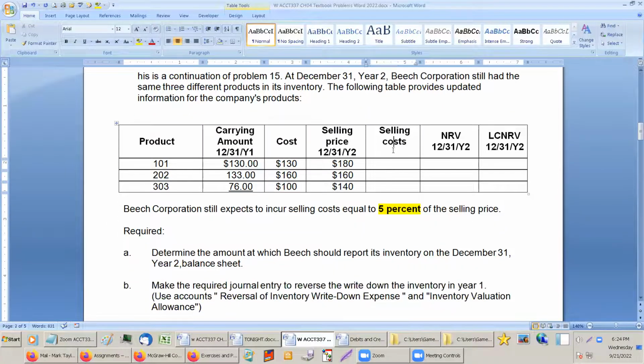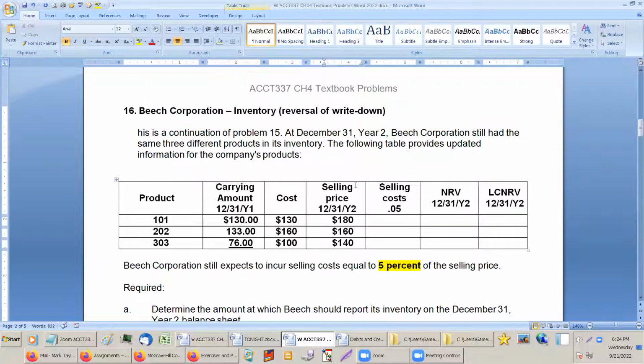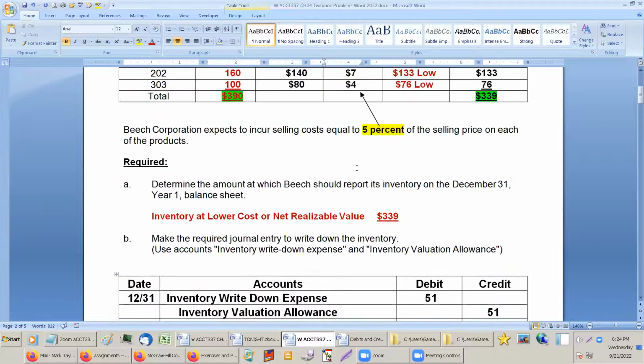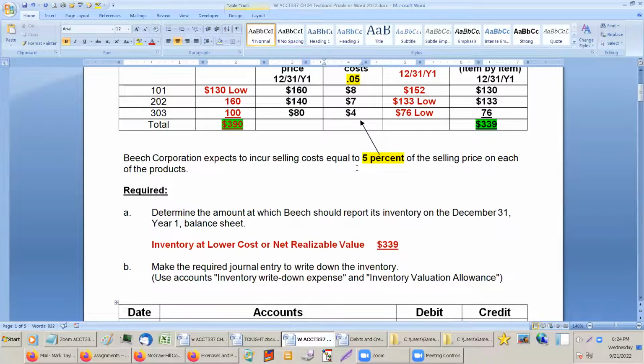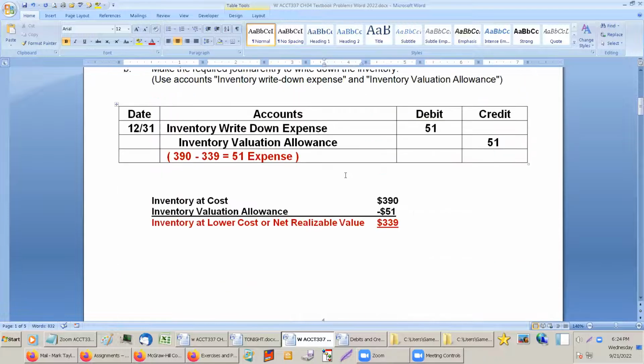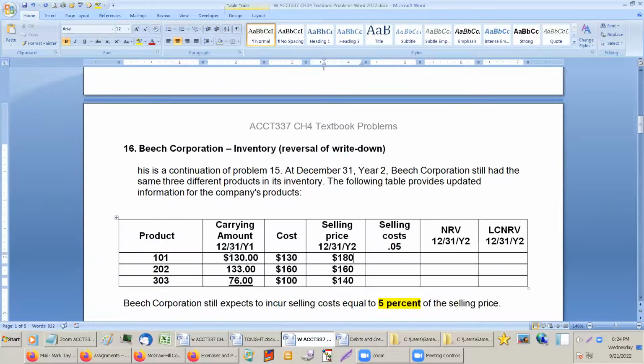Okay, so selling costs are at, let's see what numbers we got up here. $31, $33.76. Yep, okay. All right, so this is what we're carrying them at.